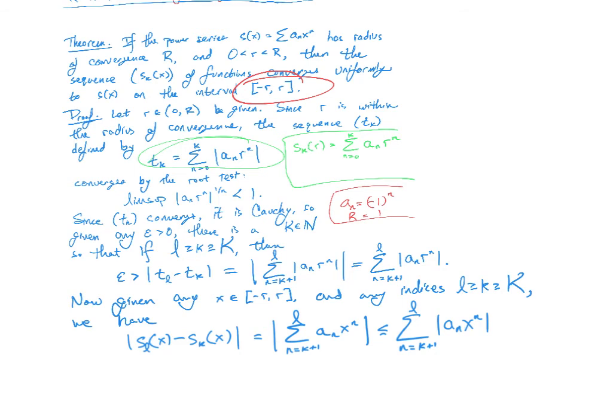And now, how did we choose x? The absolute value of x is less than or equal to r. So this sum is less than or equal to the same sum if we replace the x by r.